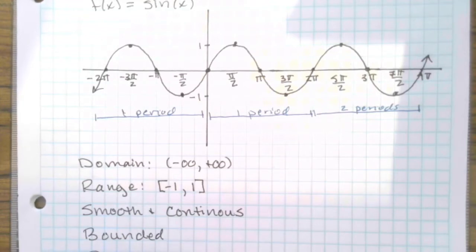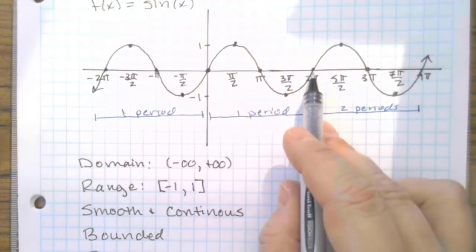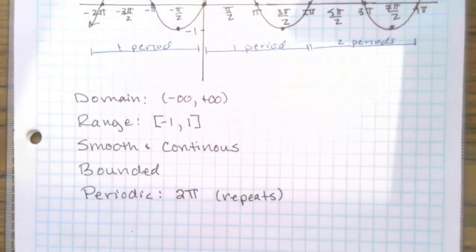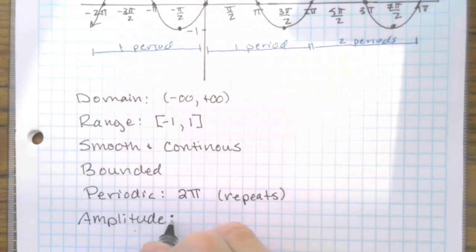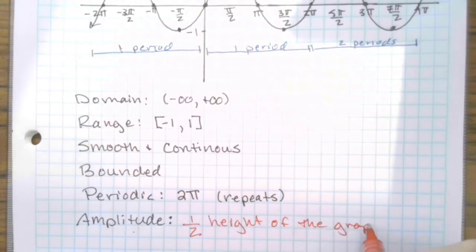This function can be described as periodic, and the period of sine from here to here is an amount of 2 pi. That's the period that repeats itself. Okay, amplitude. This is a new one. The amplitude of the graph is 1/2 the height of the graph.